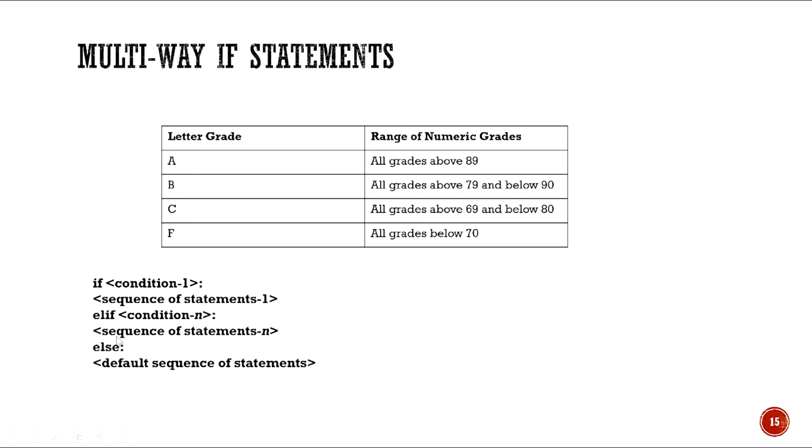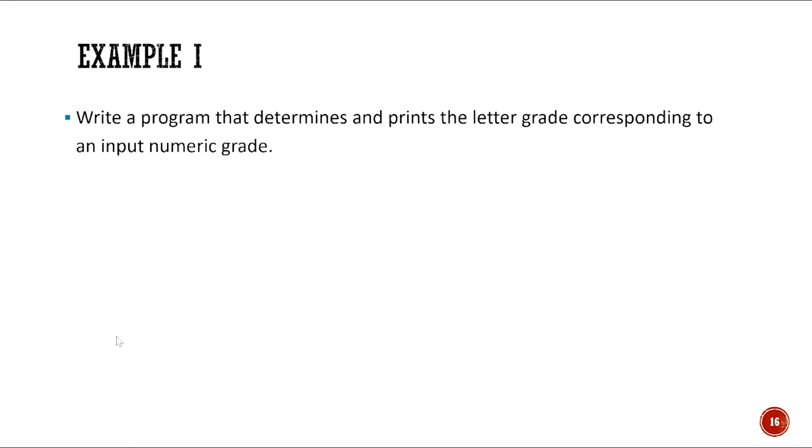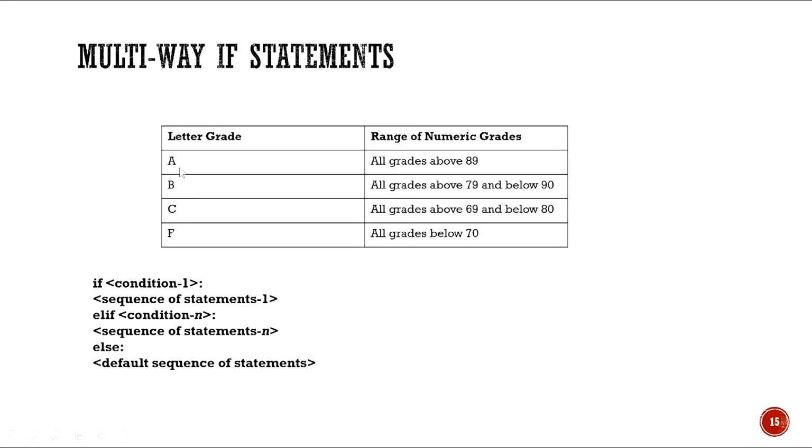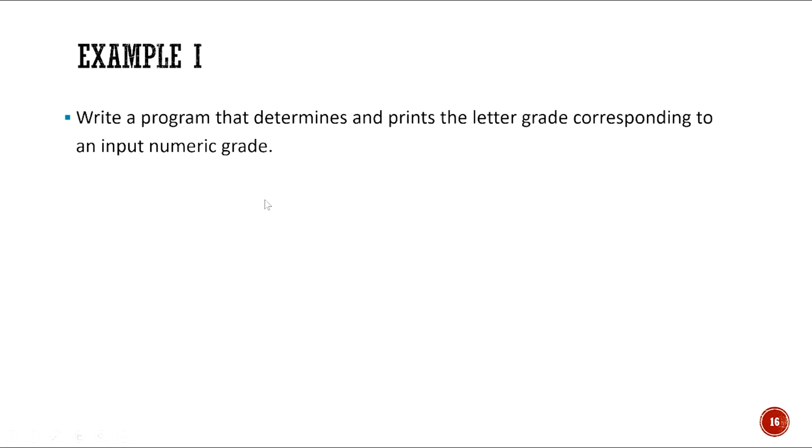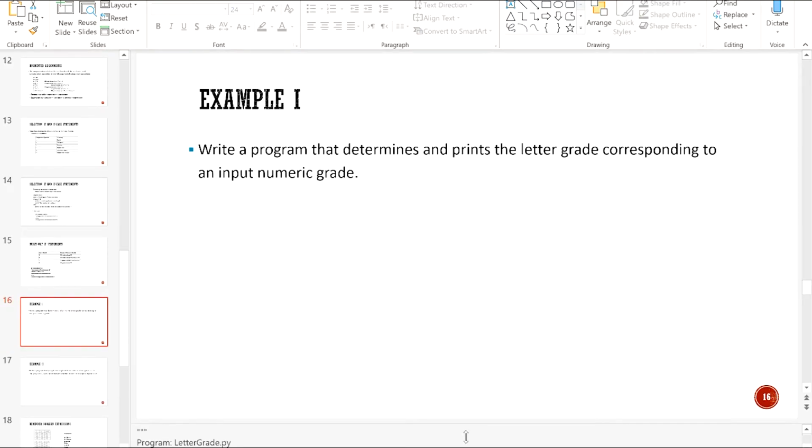And you are going to see that in an example. So let's write a program that determines and prints the letter grade corresponding to an input numeric grade. So we ask the user to input the number, the grade, and then we want to return its corresponding letter grade. Now let's try to write this piece of code here.